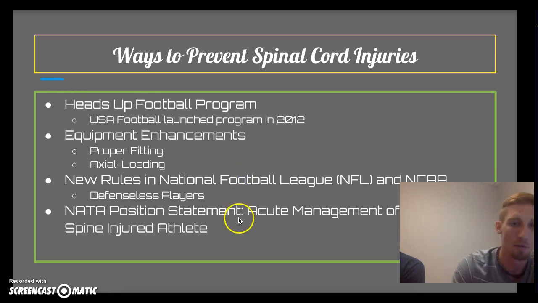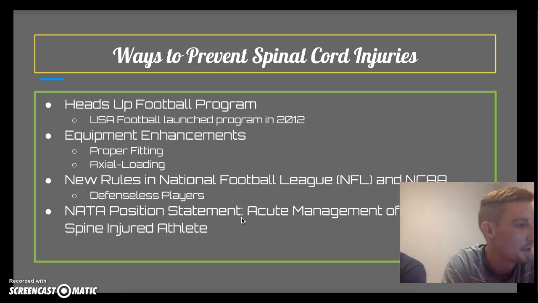Now there are some new rules in the National Football League and the NCAA for defenseless players. A defenseless player is a receiver attempting to catch a pass or who has just caught a pass but has not had time to protect himself and has not clearly become a runner. In this case, the defense is not allowed to forcibly hit the defenseless player in the head or neck area with any part of their body.